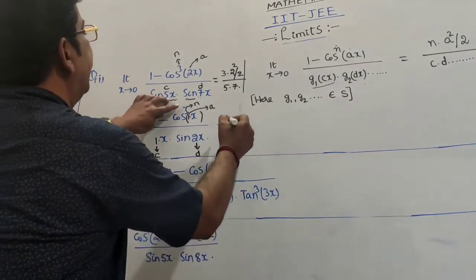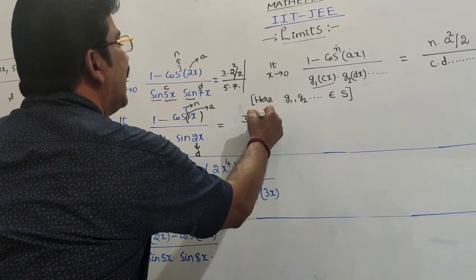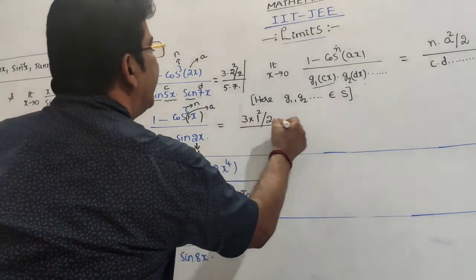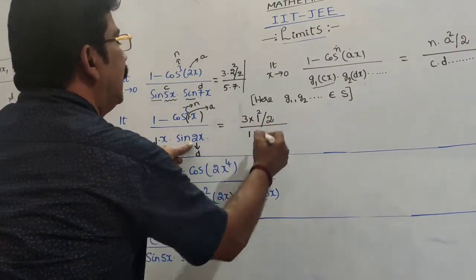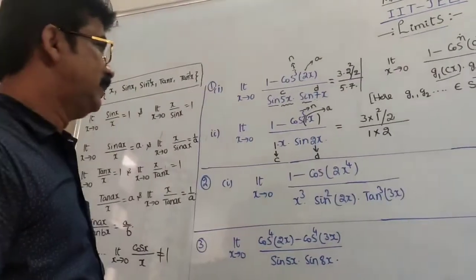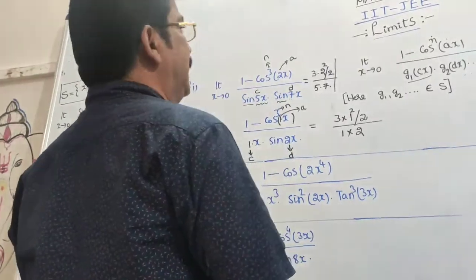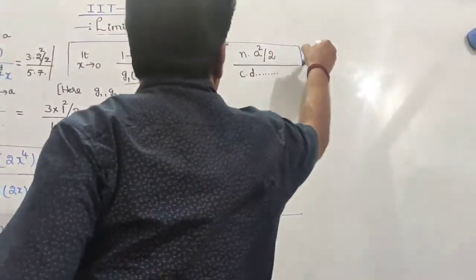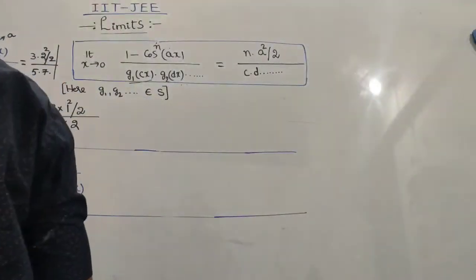So the answer is n into a square by 2 divided by x coefficient 1 into x coefficient 2. You can simplify that one. Okay, this is the first shortcut. Next, the second one.